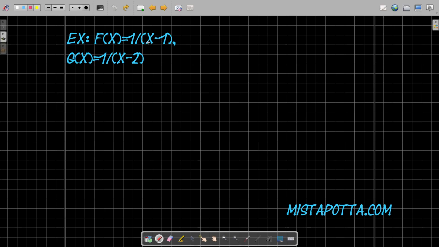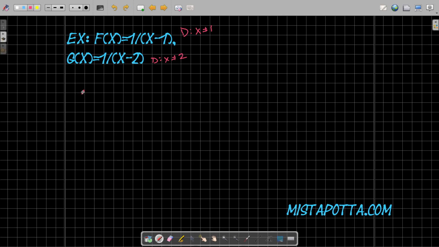Now, by the way, keep in mind, x minus 1, my domain restriction is that x can't be equal to 1. Here, my domain restriction is that x can't be equal to 2. So if I'm going to be dealing with the composition of these two functions, then I need to keep that in mind when I'm looking at the composition, that it's going to include these restrictions, but it may also include other restrictions.